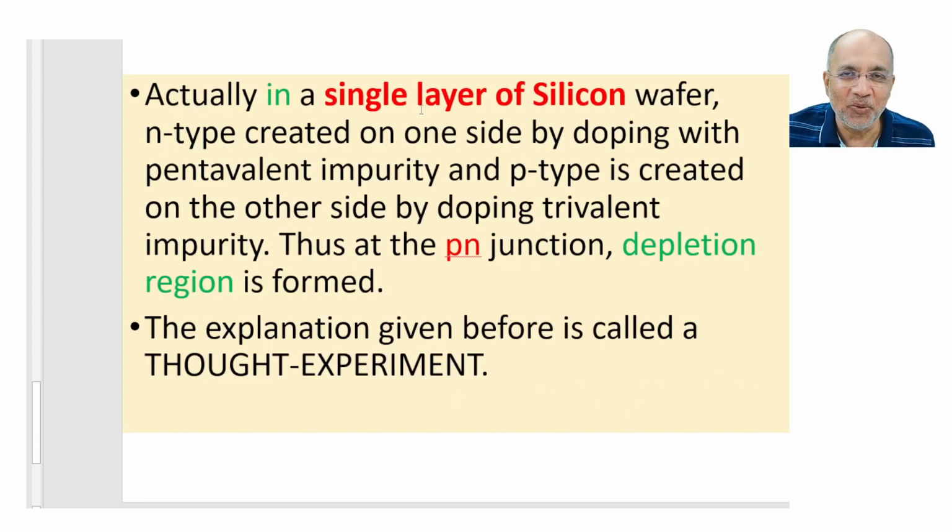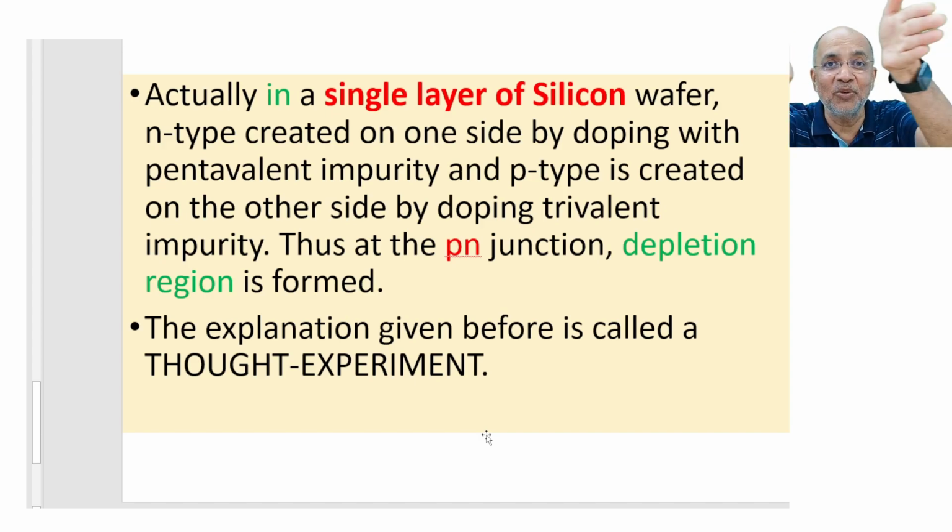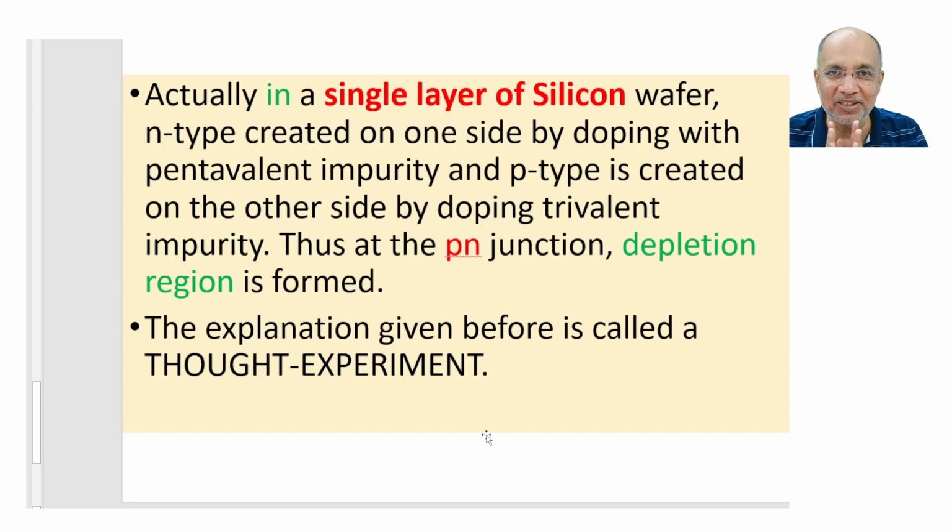Actually, we talked about two layers, n layer and p layer. This is a hypothetical explanation, just for the school level students to understand. This is called thought experiment, which is not real. Just imagine that there are two layers and we are attaching the two layers at the p-n junction, and in the vicinity of that a depletion zone is created.